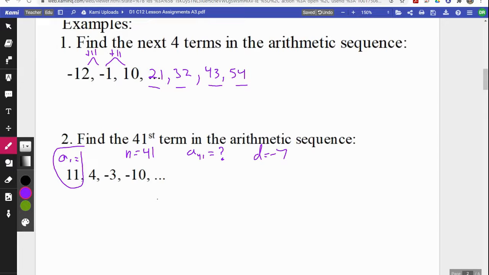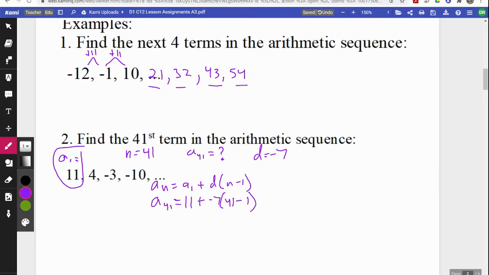And we can find that a sub 41, again, this is a sub n equals a sub 1 plus d times n minus 1, the formula. And you'll see how we're plugging everything in. a sub 1 we know is 11, plus d is -7, so this is now a -7, times n minus 1, n was 41, and then we have the -1 there.